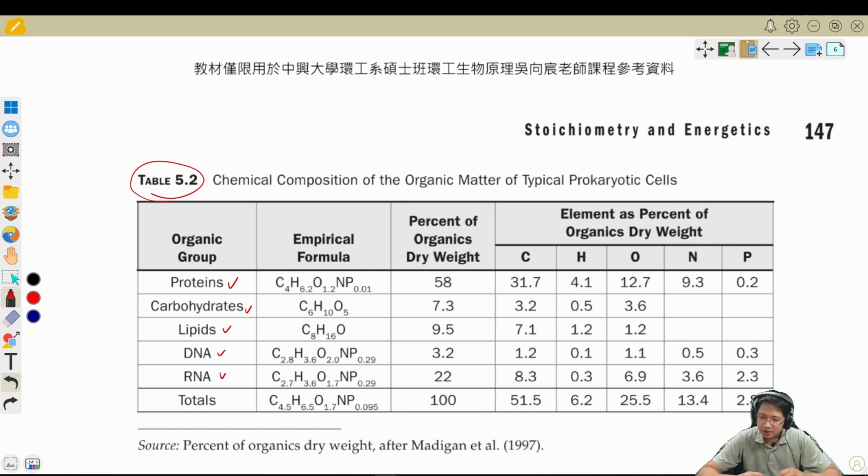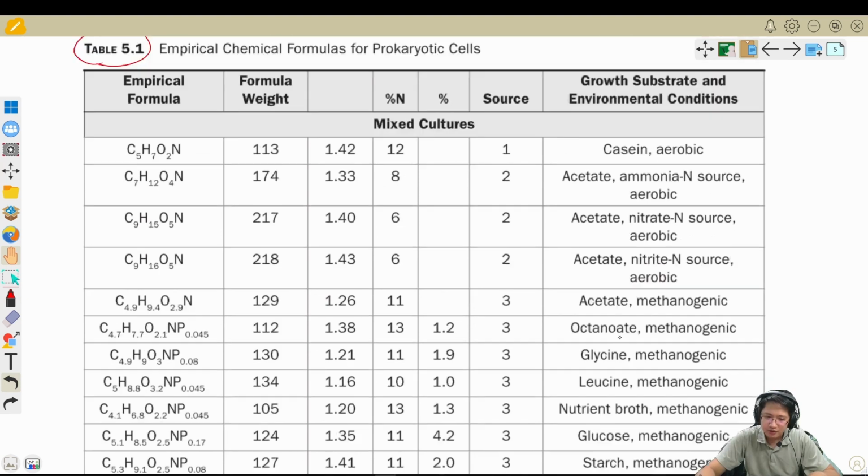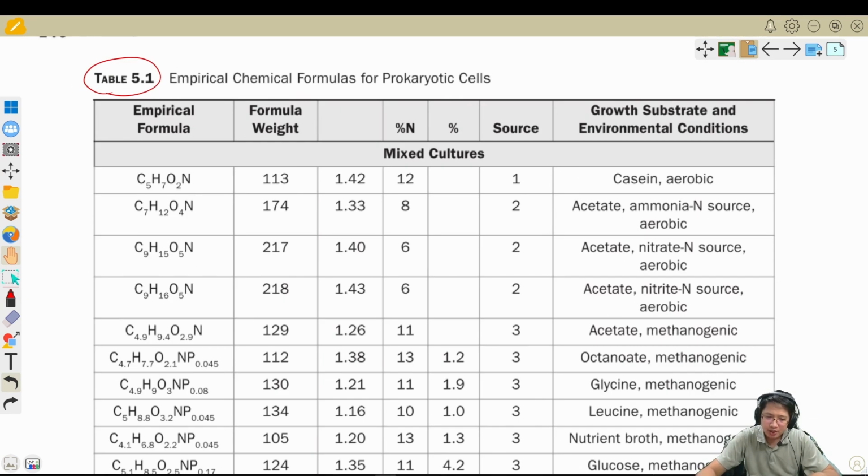Because they have different percentages within the cell dry weight, we will merge those numbers together, and generally you will have more detail. You can see table 5.1.